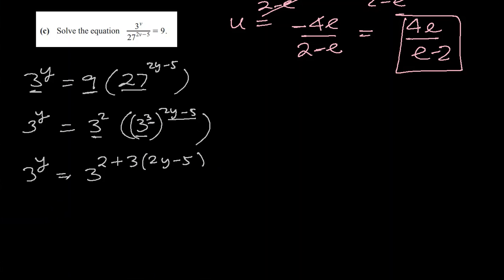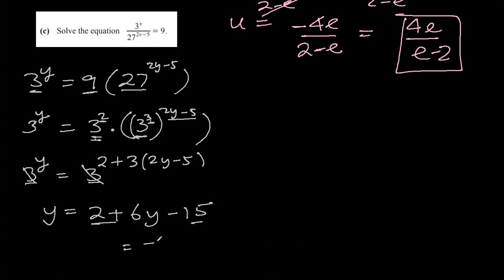You can pause the video. If you don't understand, just try to understand. 3 to the power y remains 3 to the power y. This 3 and this 3, because they are same bases, when they multiply, their exponents add up, and that's what happened here. There was an exponent over exponent, that's why they multiplied. Okay. So now bases are same, we can ignore bases. y equal to 2 plus 6y minus 15.